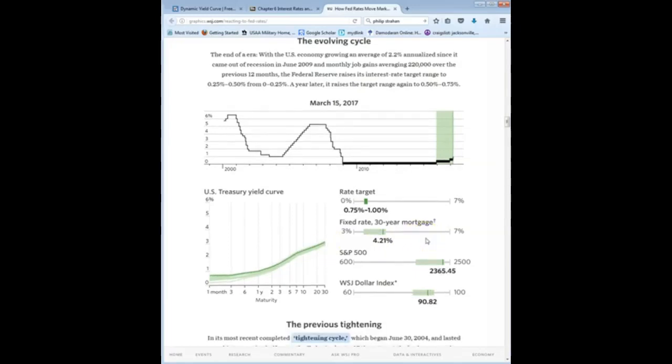And then the Federal Reserve raised rates on March the 15th of 2017, so our rate target's now 75 to 100 basis points, or 0.75% to 1% as of March 15th, 2017. Mortgage rates are all the way up to 4.2%.